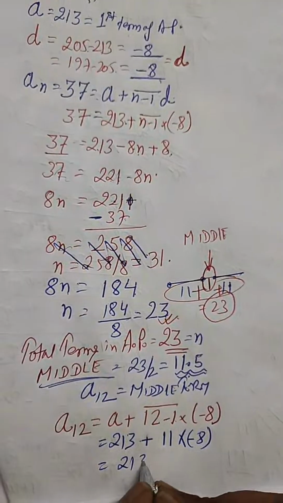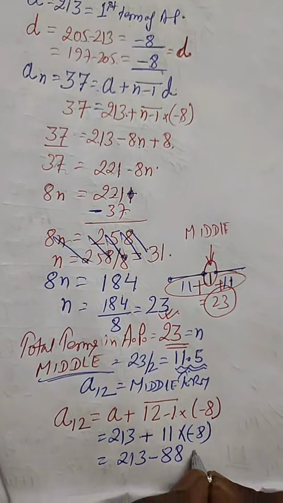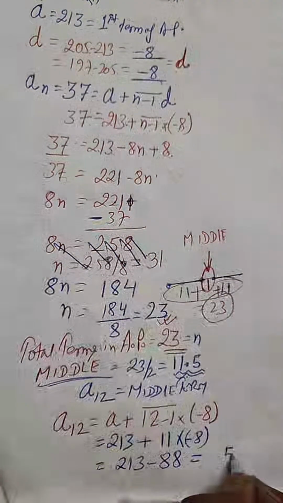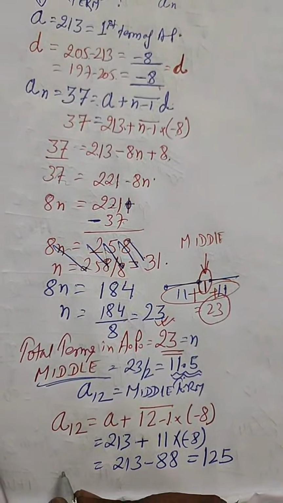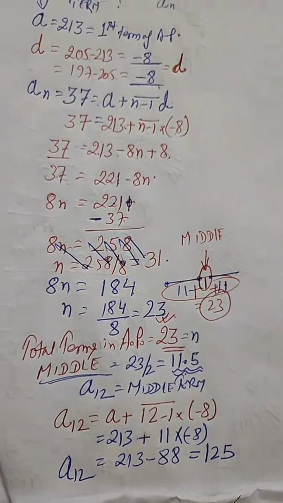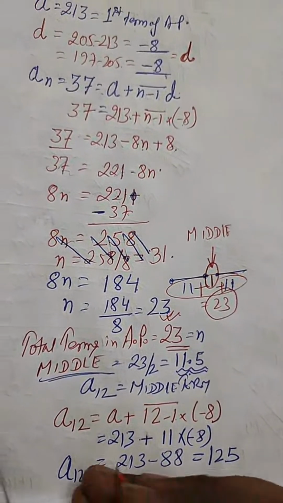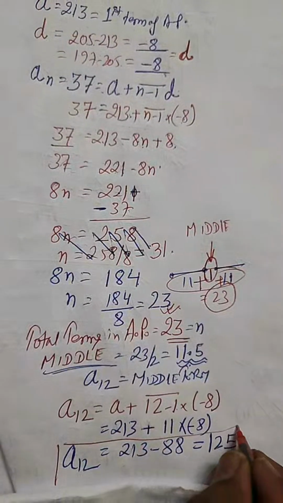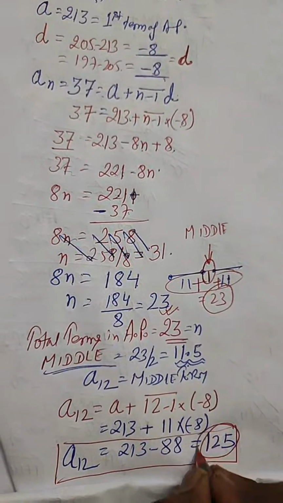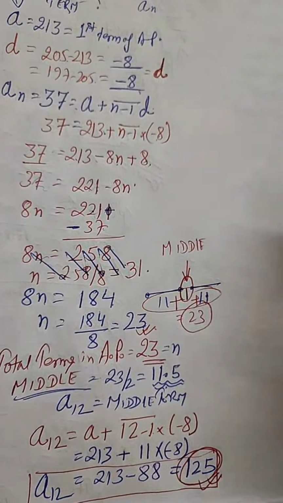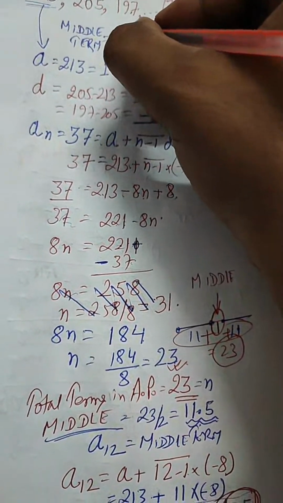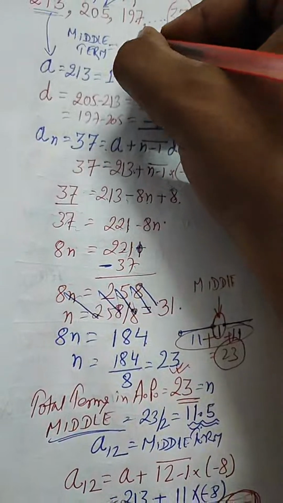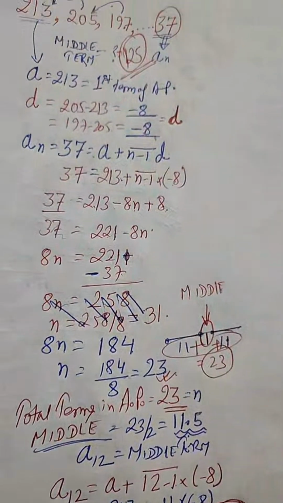So 213 minus 88 will give you 125. So the middle term will be the 12th term, and its value is 125, right?